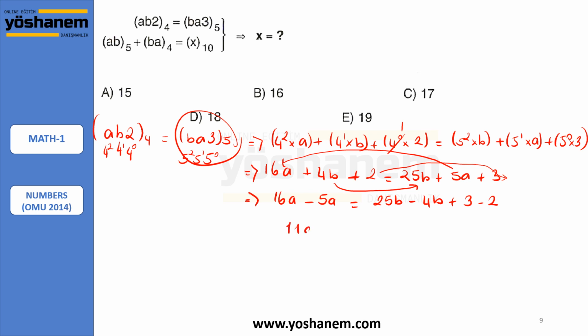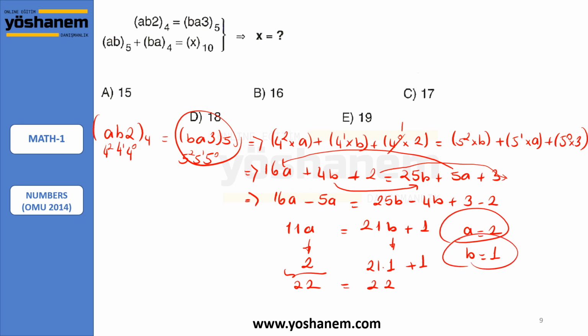So this is 11a, and this one is 21b plus 1. From here, to find a and b, let's go ahead and give a 2, and I'll have 22 over here. And if I give b 1, it's gonna be 21 times 1 plus 1, and it's also 22. So my a is 2 and my b is 1.